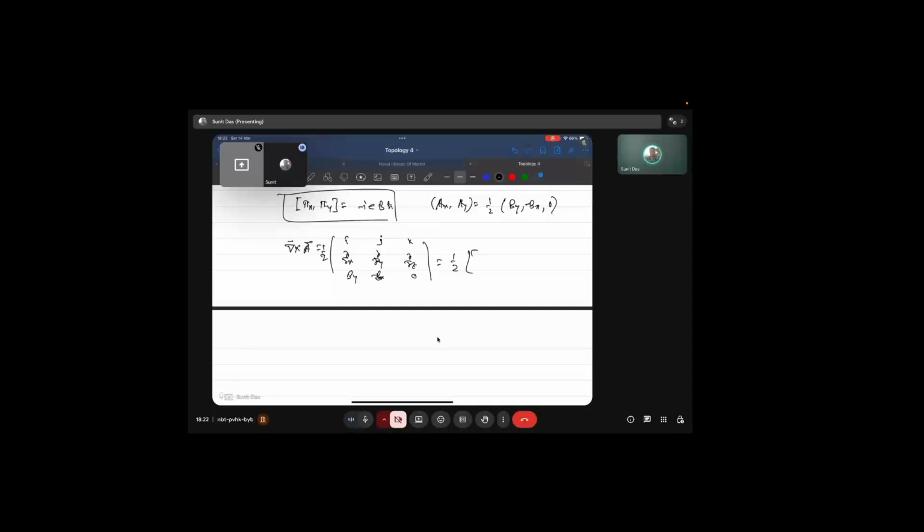And then you have k cap component only. And then del x of minus bx minus del y of dy, right?